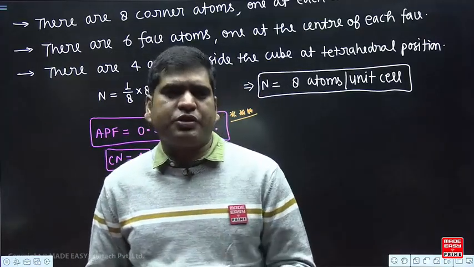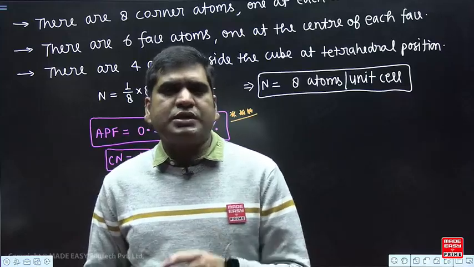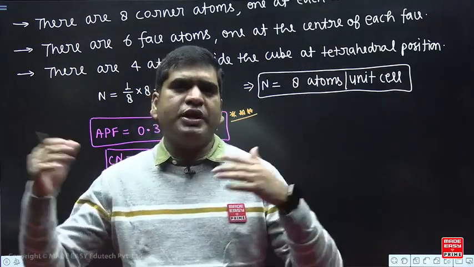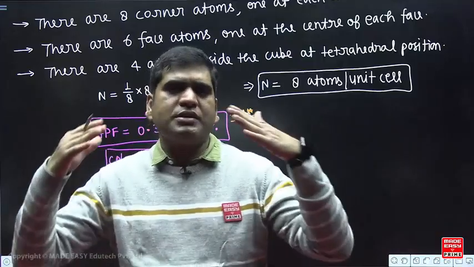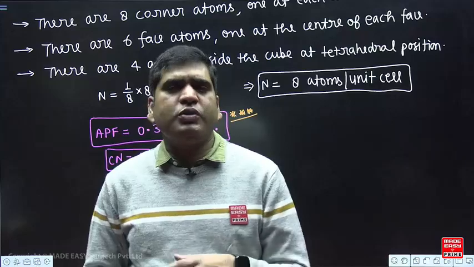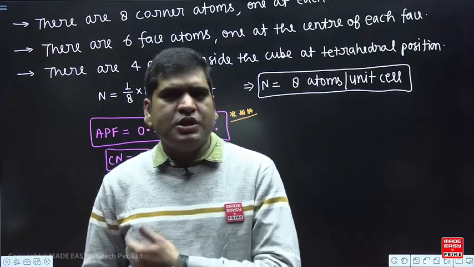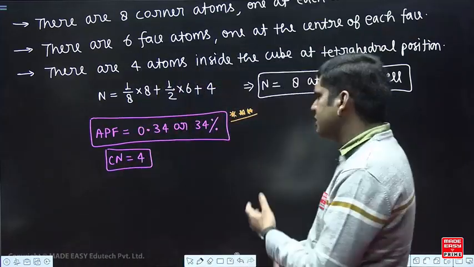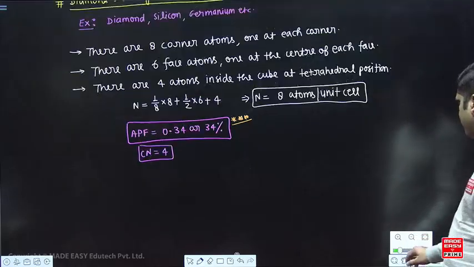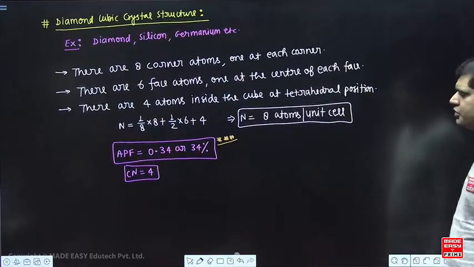Covalent bonds are directional bonds, and if a bond is directional, then atoms cannot form bonds in all directions. They would be at certain directions, then only the bond would be formed, and hence volume cannot be utilized effectively. So diamond has very low packing efficiency. This is the only important thing from this diamond cubic crystal structure.